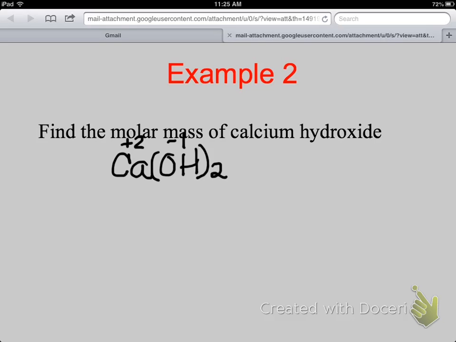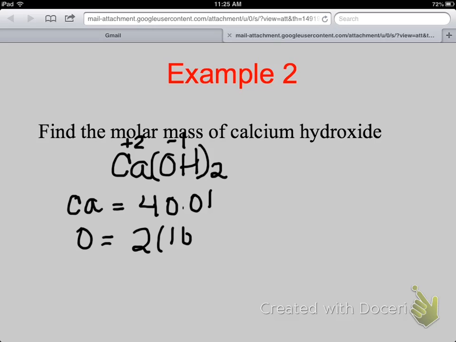So my formula is Ca(OH)2. So I have 1 calcium, so that value on the periodic table, 40.01. I have 2 oxygens because that 2 there, remember, goes to both elements that are in parentheses.